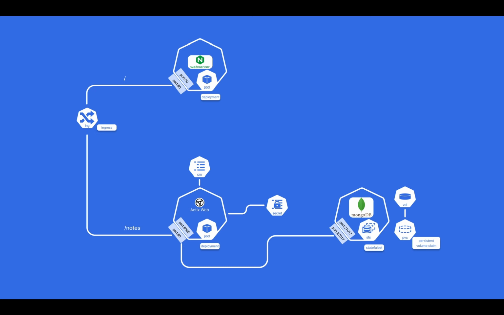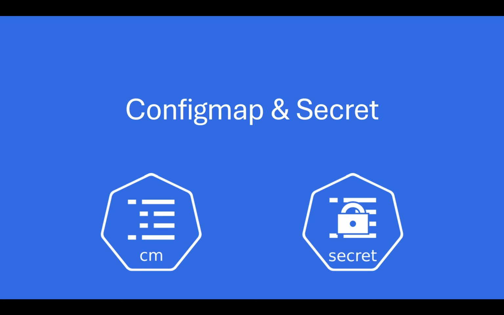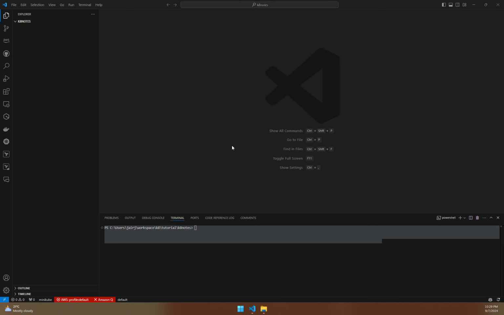So that's why you're storing the data in your volume. Your volume is not in the cluster, but you're using the persistent volume claim to claim that volume outside of the cluster. Okay, so let's start with our config map and secret. All right, we will start with our configuration.